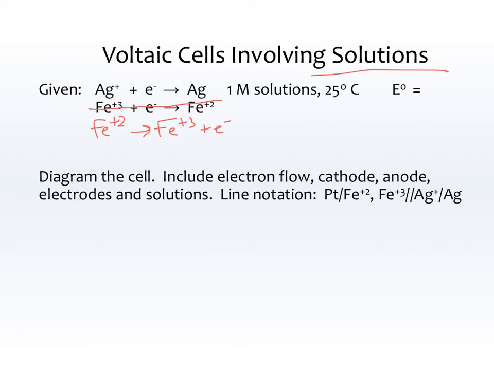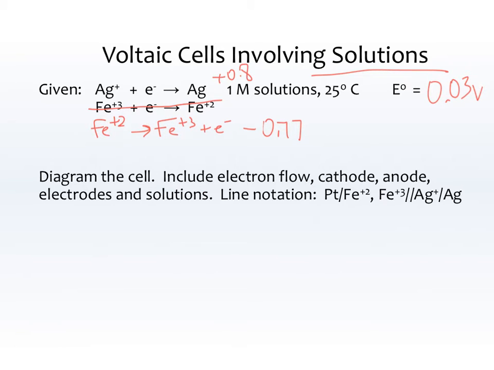On the chart, it's a positive 0.77, but since we flipped it, we're going to make it a negative 0.77. Silver from the chart exactly as written is a positive 0.8. So my voltage, plus 0.8 minus 0.77, is equal to 0.03 volts. So I would say that that's probably not a very good battery.